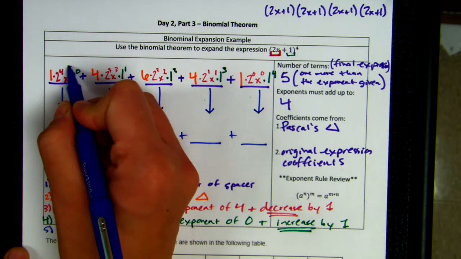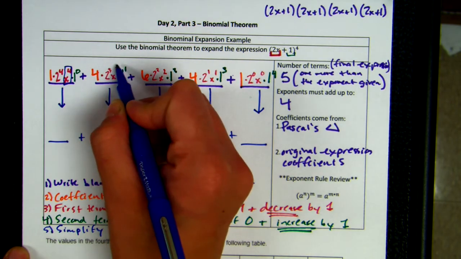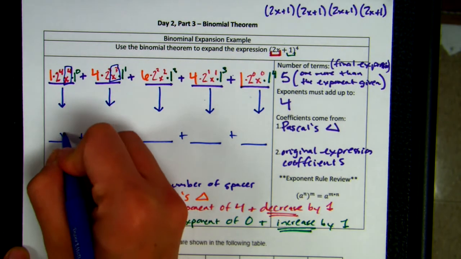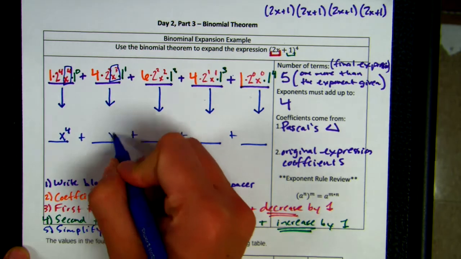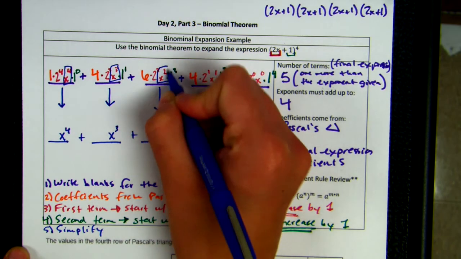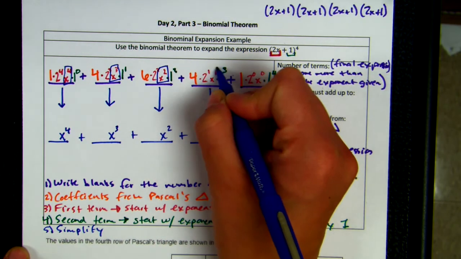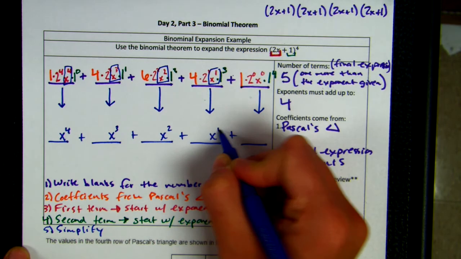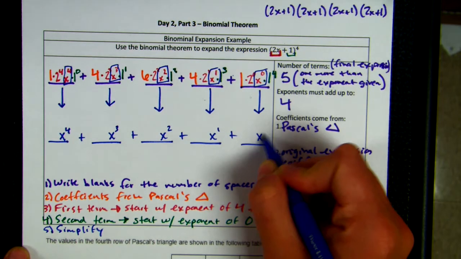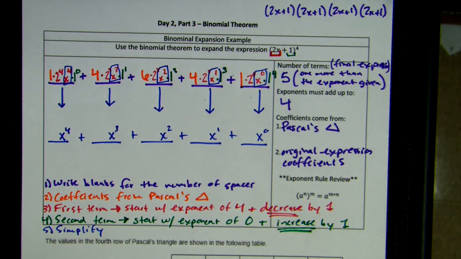So the first thing that I bring down is the x value. So this would be x to the fourth, this would be x to the third, then bring down the x squared, x to the first, and x to the 0. So I bring down the variables first, and then whatever's left over, I multiply together.